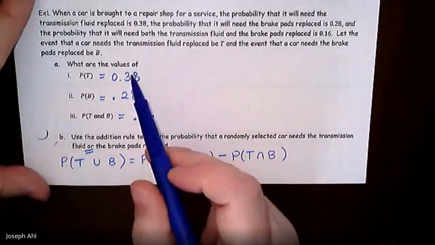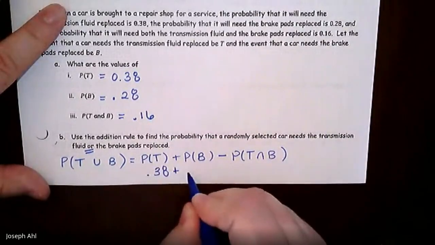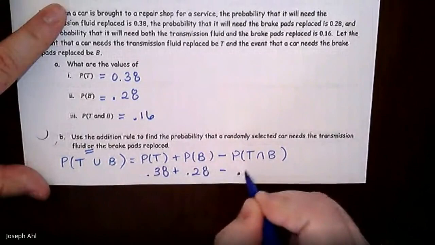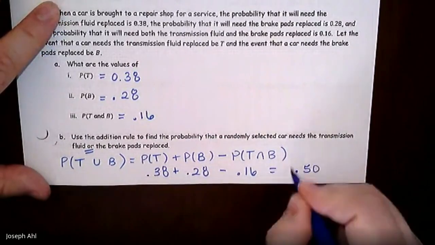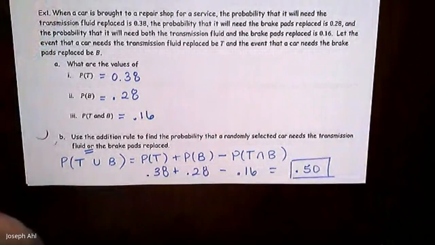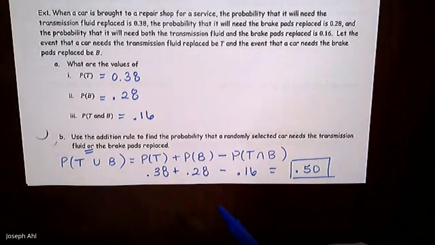Luckily those are all the probabilities that we've already listed. So that would be 0.38 plus 0.28 minus the intersection of 0.16 for a grand total of 0.50, a 50% chance that if you go to get some service you're going to need one or the other.